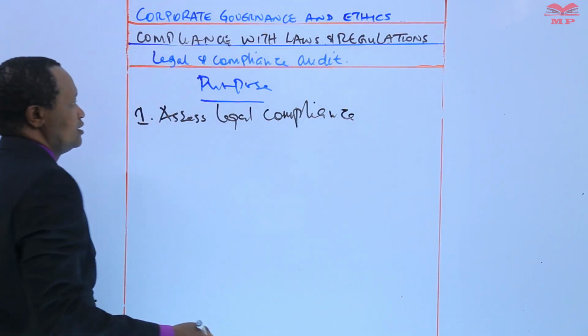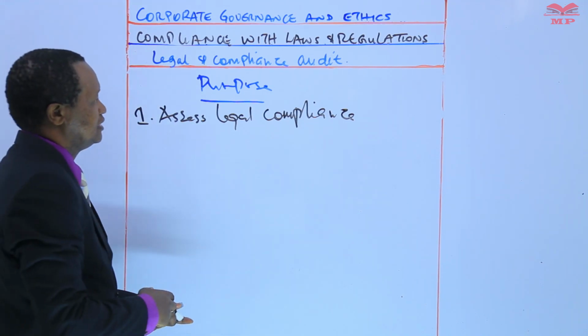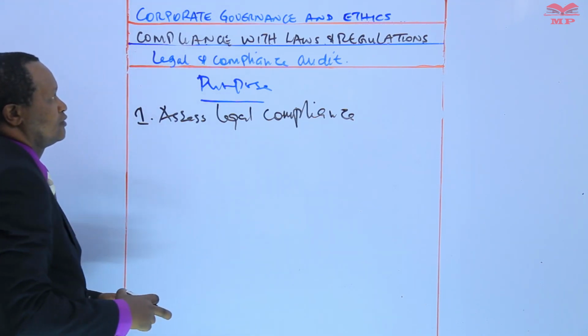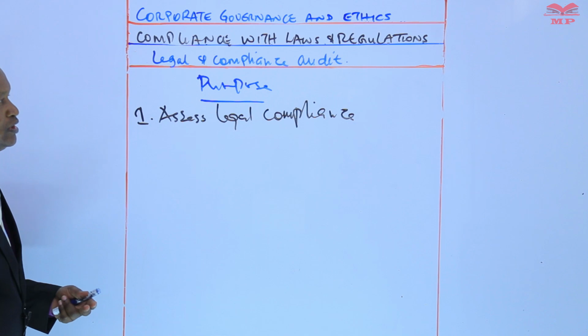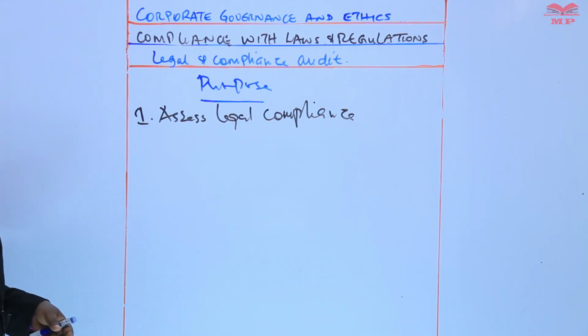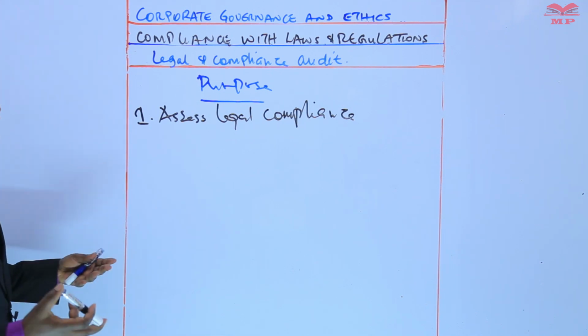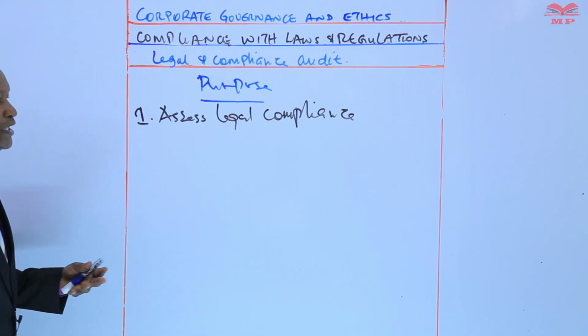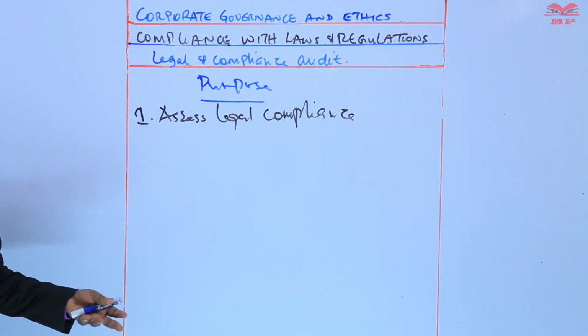We know that organizations operate in highly regulated environments. Companies are required to adhere to or obey many laws. So when carrying out legal and compliance audit, the purpose is to assess if the company has complied with these legal and regulatory frameworks.